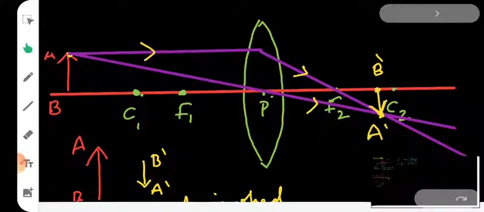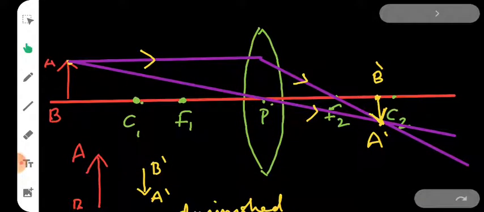Let us go ahead and compare the sizes. If I draw the object and the image side by side, you can see the object is erect, but the image is inverted. The object is large, but the image is small. Also, as you can see, these are real rays.